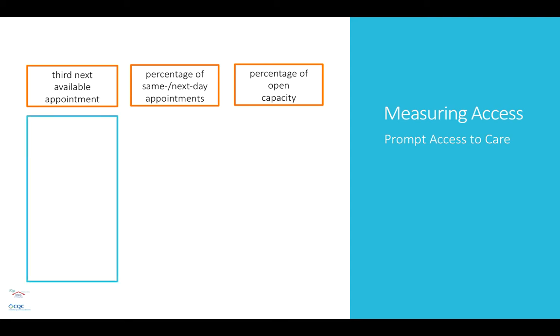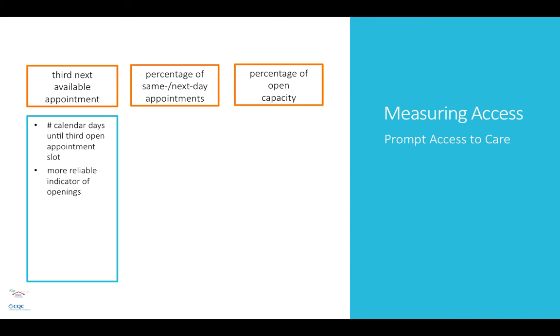To calculate the third next available appointment, we count the number of calendar days until one reaches the third open available appointment slot. The reason we look for the third next available rather than the first is that it's a more reliable indicator of schedule openings, because the first or second slots are often due to last-minute cancellations rather than general availability.